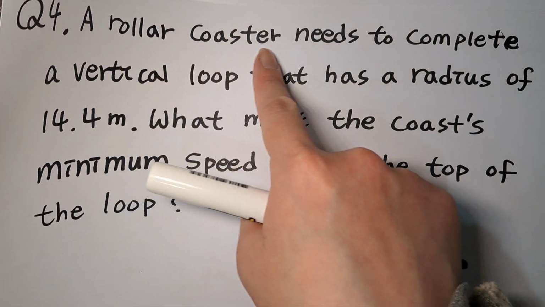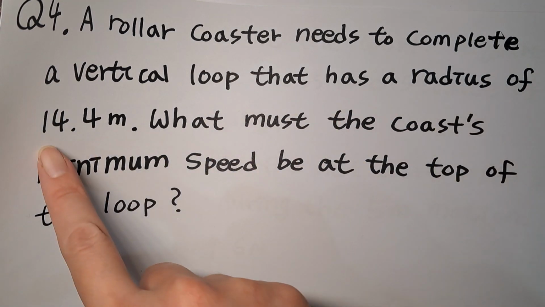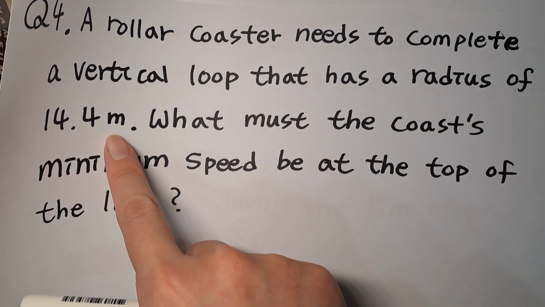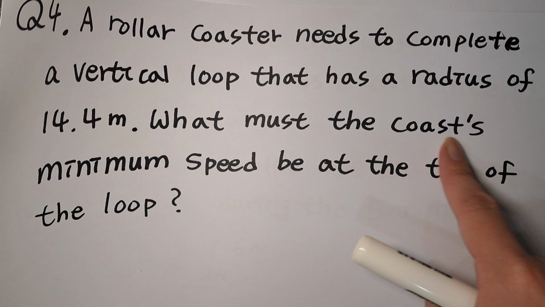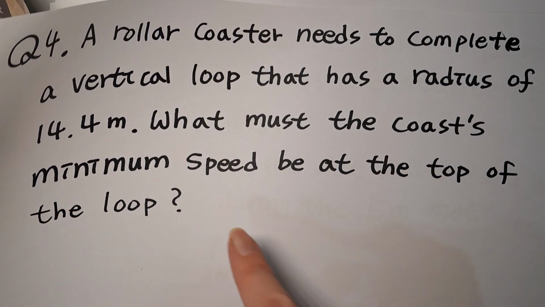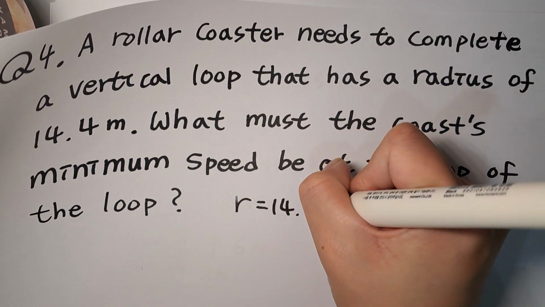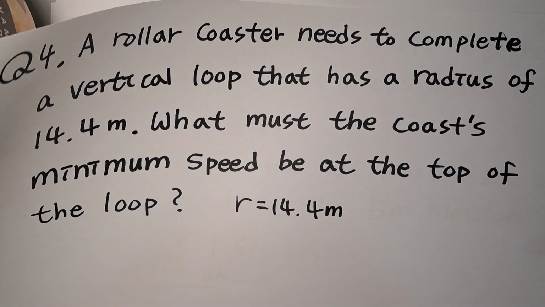A roller coaster needs to complete a vertical loop that has a radius of 14.4 meters. What must the minimum speed be at the top of the loop? So the radius is going to be 14.4 meters.